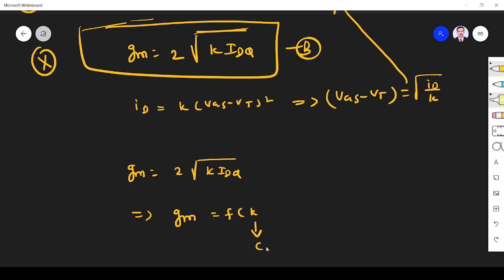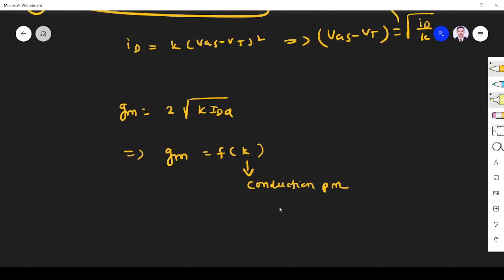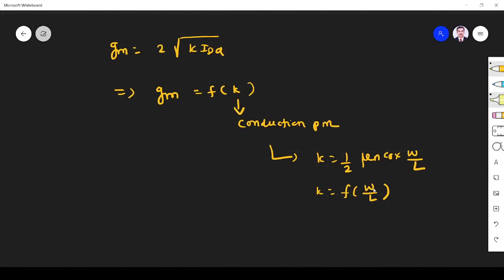It is a conduction parameter, given by K equal to 1/2 mu_n C_ox W by L. So K is a function of the W by L ratio. By changing the width or the length, we can change the gain or transconductance.